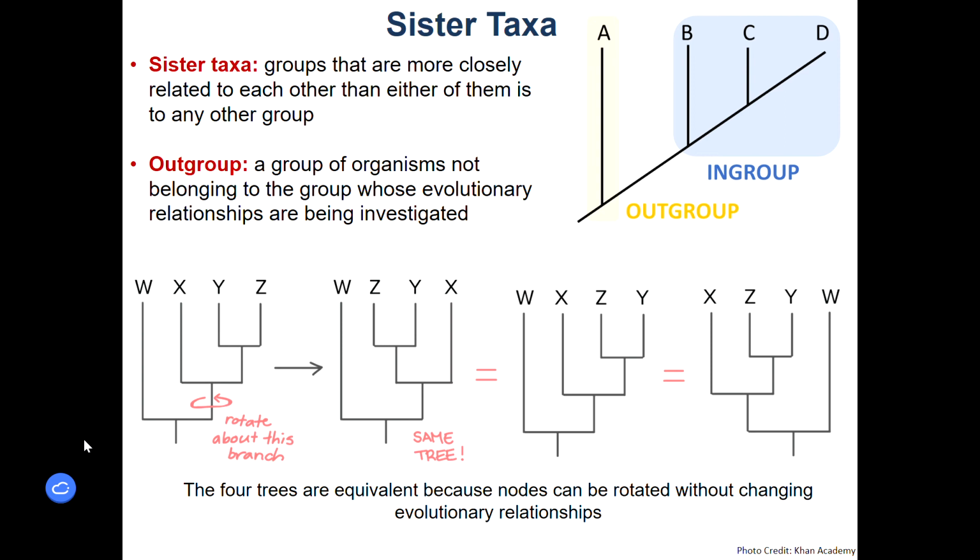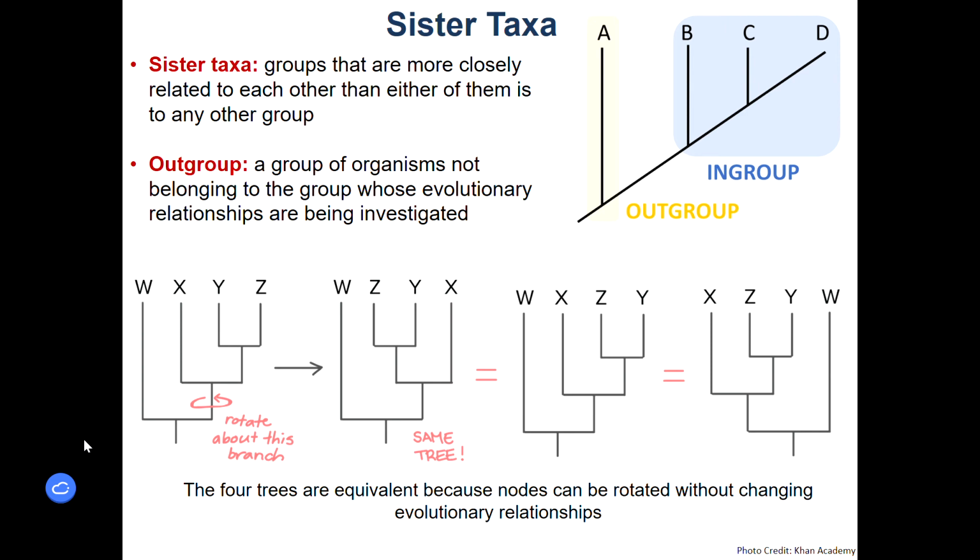And what you can do is if you look here, we can rotate around our nodes and we don't change the relationship. So if I rotate these 2 sister taxa just where they happen to appear on the tree, it's still the exact same thing. We still know that the orange and the green organisms are sister taxa at the end of our tree.